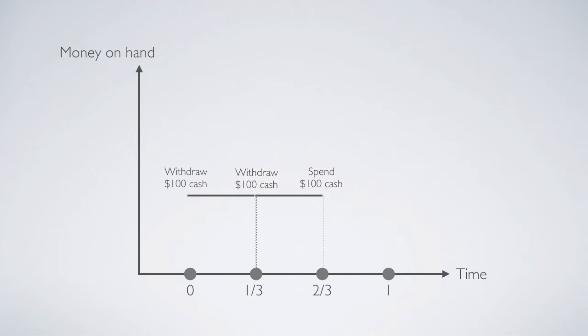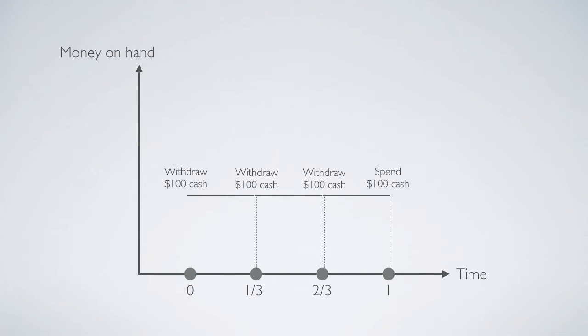Then he no longer holds this $100. However, he runs back to the bank and withdraws another $100 again, so he is holding $100 again for the remaining 1/3 of the time, and at the end of the period he spends this $100 again.